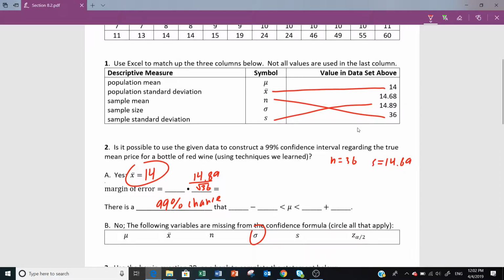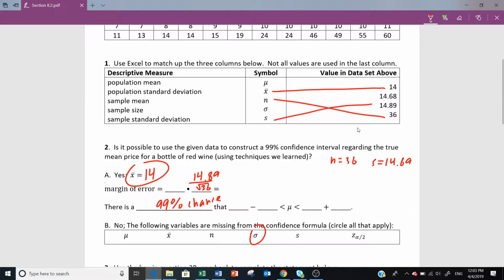Draw pictures. Draw pictures. It's a 99% confidence.